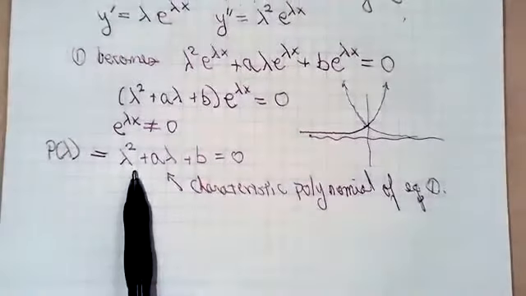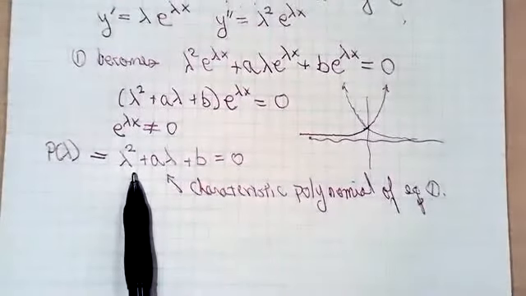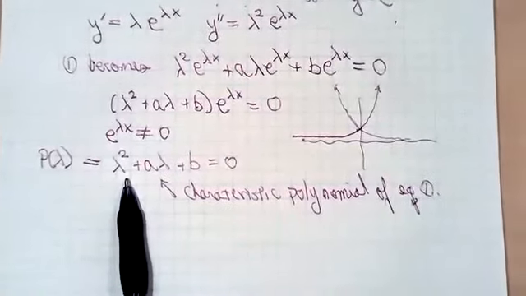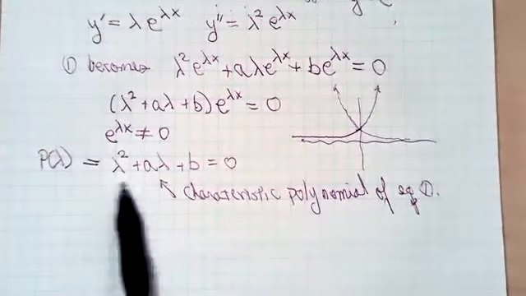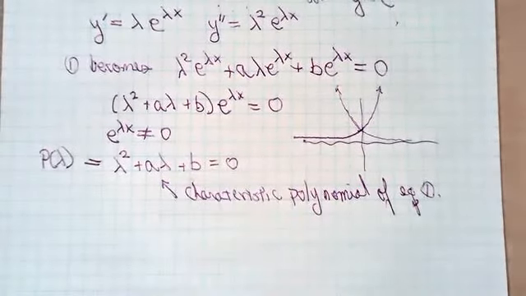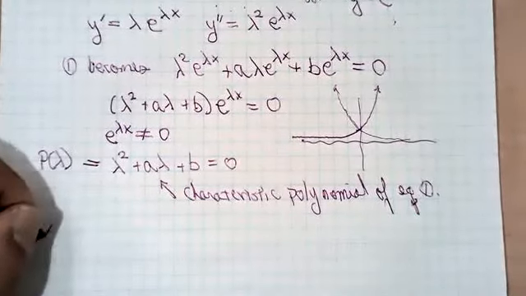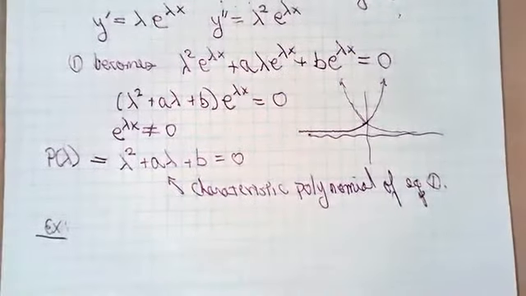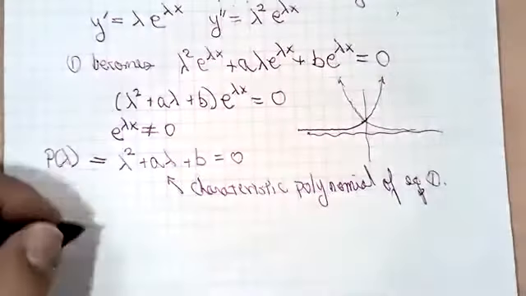So if we're going to find a solution of that form, it will come from setting the characteristic polynomial equal to 0 and solving it. Now, rather than get all tangled up in a bunch of theoretical looking stuff, what I want to do is give you an example at this point, and we'll solve it completely.